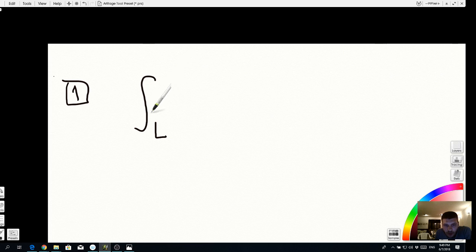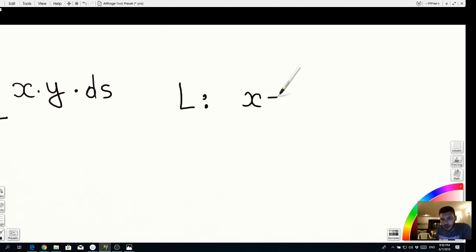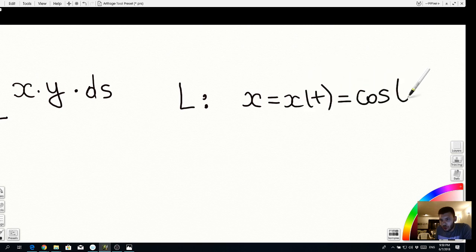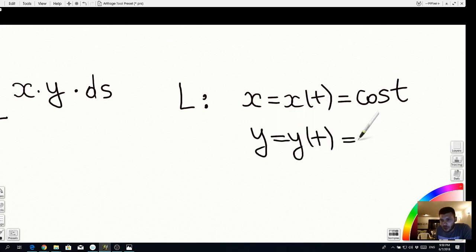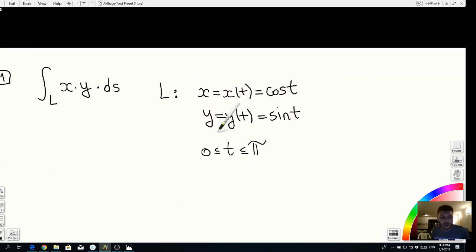Line integral over curve L of scalar function x times y times line element, where L is given by equations x is equal to cosine t and y is equal to sin t, where t goes from 0 to pi. Okay, this is our problem.